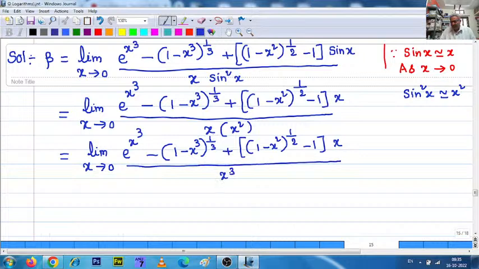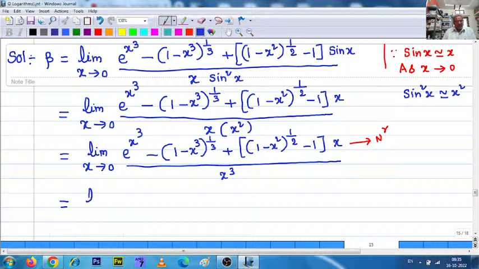Now let us apply some mathematical manipulation. What shall we do? In this numerator, subtract 1 and add 1. So now we are going to write this.